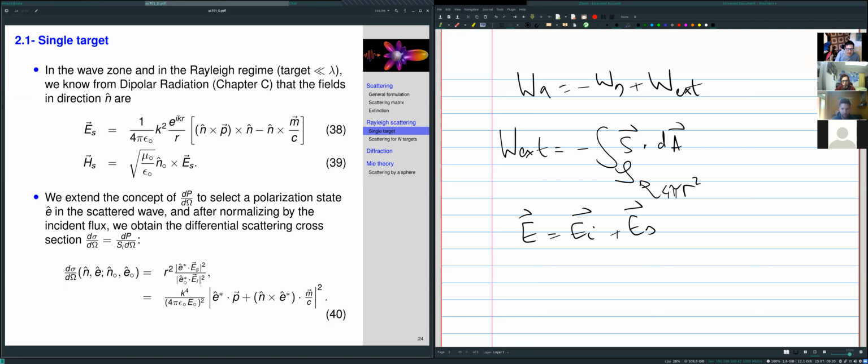Here I'd like to emphasize how we select the incident polarization. Look at what's in the denominator here. We are taking the projection of the incident fields onto the complex conjugate of this incident polarization. So why do we take the complex conjugate? Because remember that this unit vector can be complex, because we are including the possibility of circular polarization.